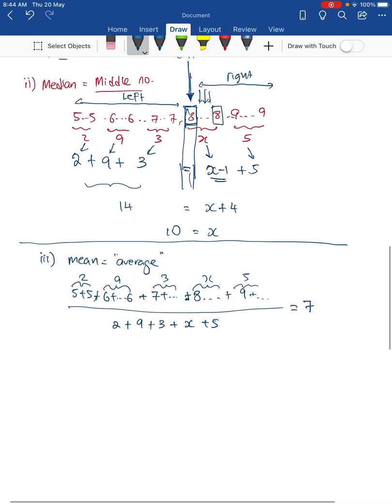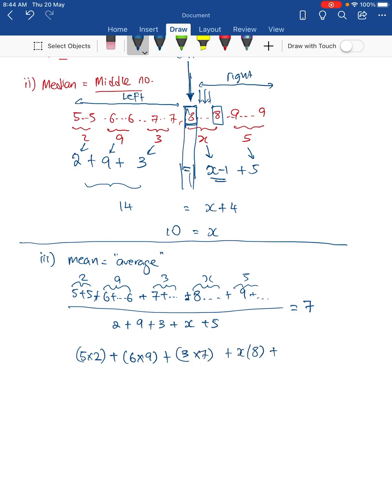So how do we continue from here? All we need to do is a shortcut: on top it will be 5 times 2 plus 6 times 9 plus 3 times 7 plus x times 8 plus 5 times 9. Below will be 19 plus x, equals 7.